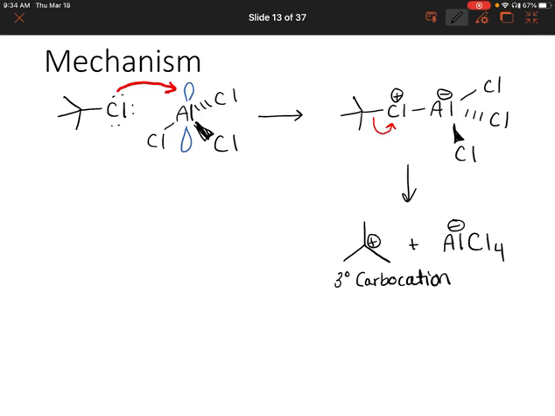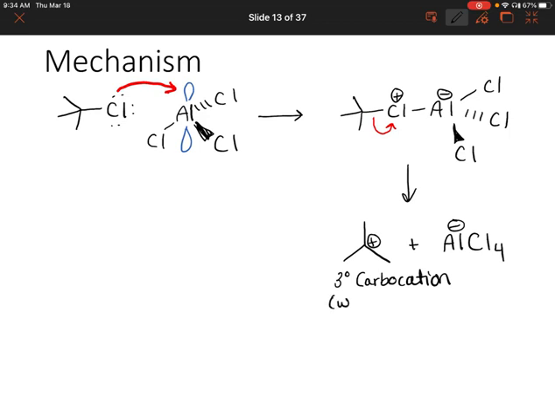but make sure to watch out for rearrangement because, for instance, if you form a secondary carbocation, but there's the opportunity to have a tertiary carbocation, then you might end up with a 1,2 methyl shift or a 1,2 hydride shift.